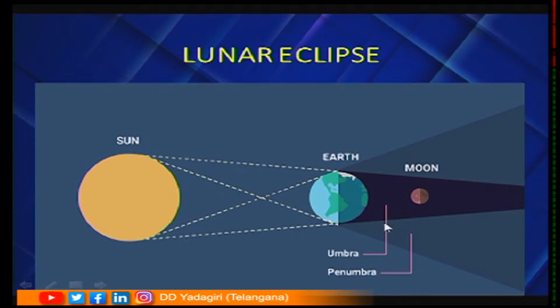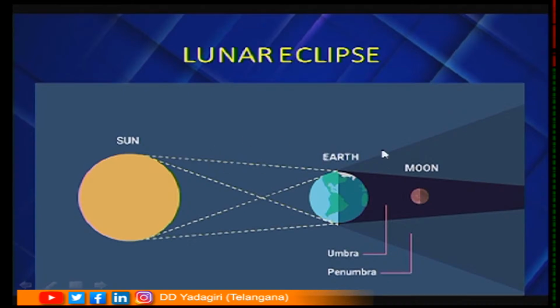This dark part is called umbra, and the sun rays are slightly darkened here, so a region called penumbra is formed. And when the moon comes totally into the umbra region, you cannot see the moon.